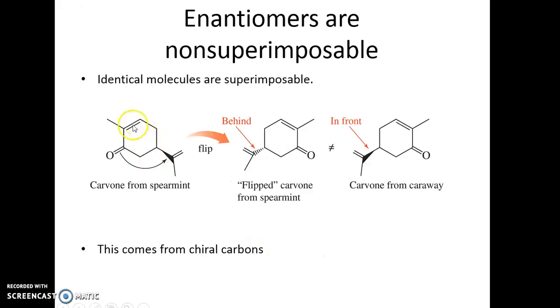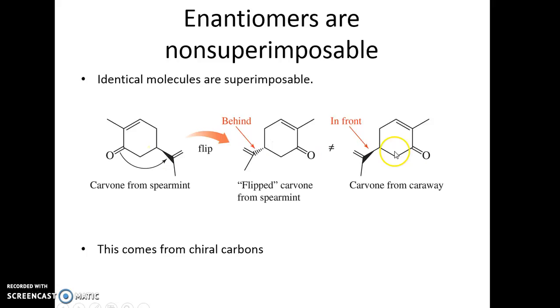If I look at this carvone, this group over here with the double bond and the methyl is up. If I flip it over in space, so I grab the left-hand side and pull it over to the right, making it flip over, then that group over here is down now. This is the same thing as this.